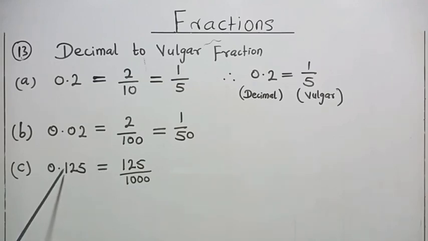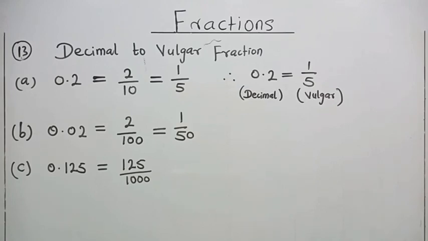The next line of action interprets it. It thinks that 125 were picked out of 1,000. I hope you know why that conclusion was reached. It is because in this 0.125, there are 3 decimal places.